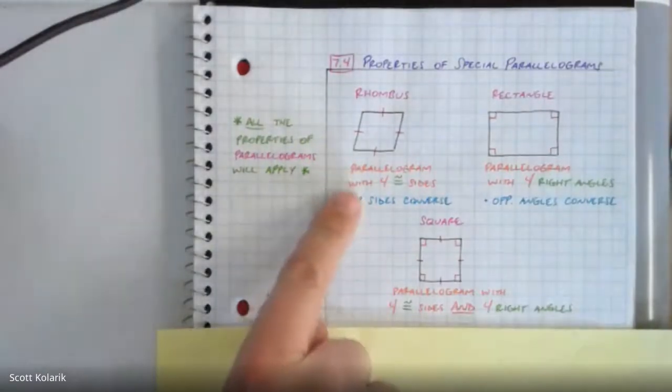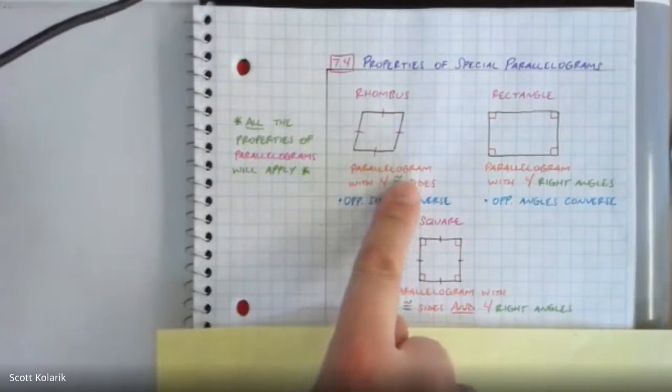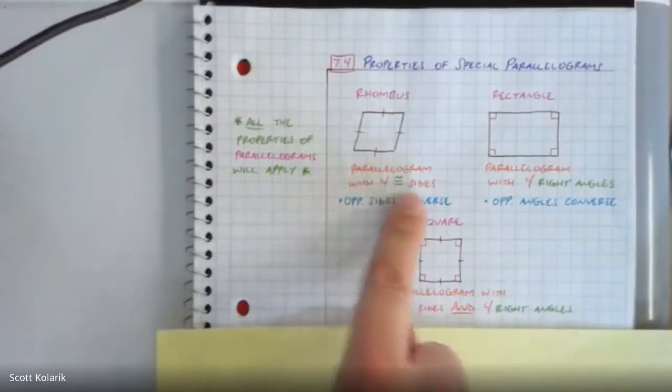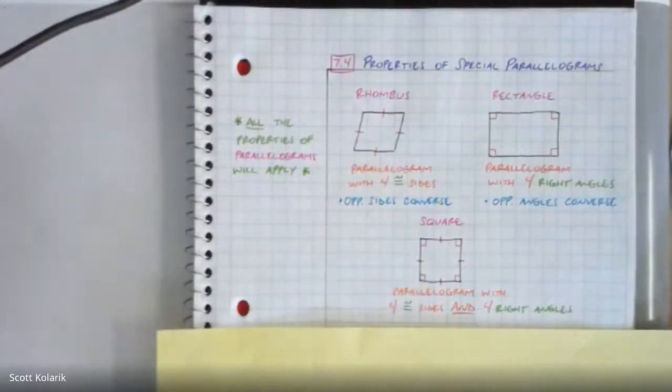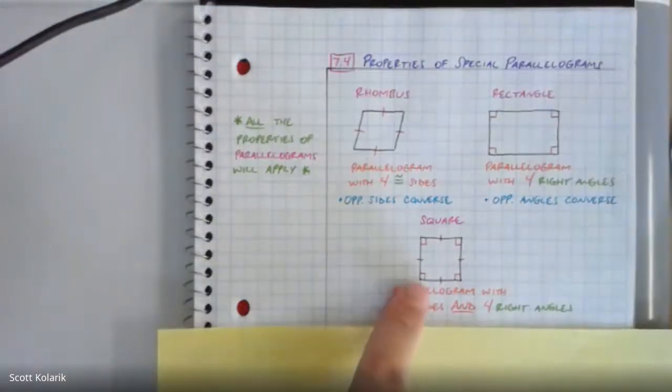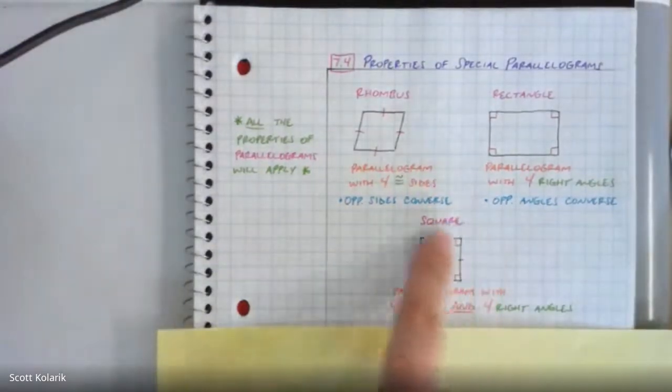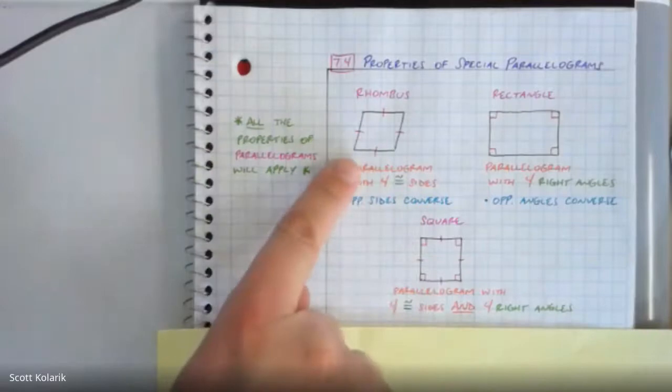First off, the rhombus is a parallelogram. That's given. And it has four congruent sides. Now, this is where people usually mix this up with a square, because whenever someone says all four sides are congruent to each other, they immediately think of a square. And that's not wrong. That's true. A square does have four congruent sides, but so does a rhombus.